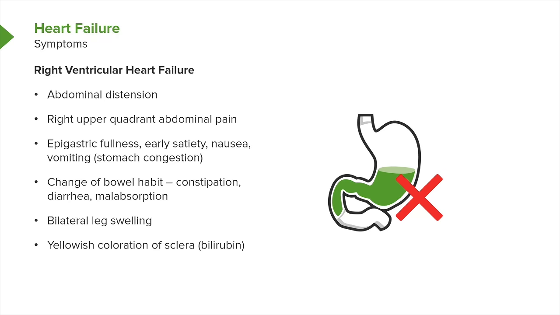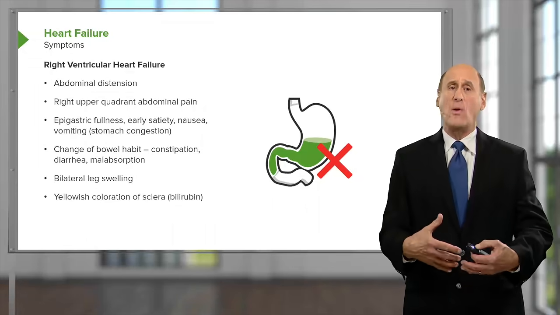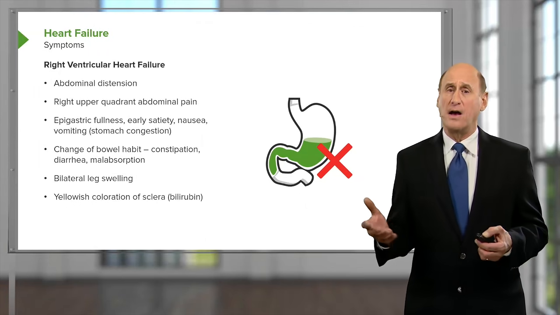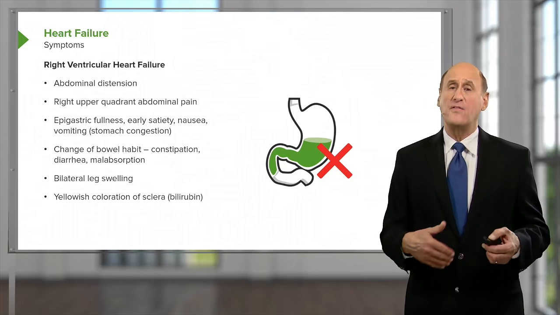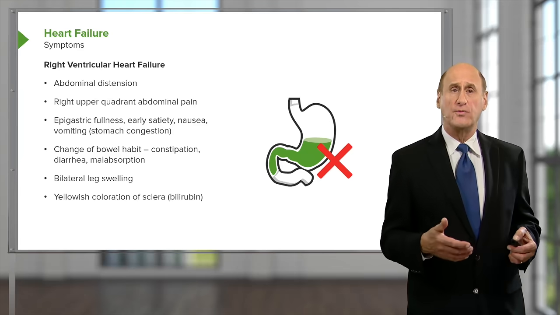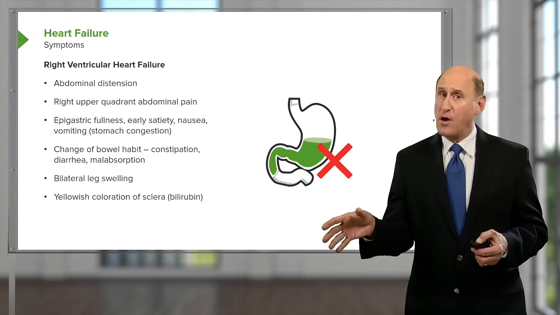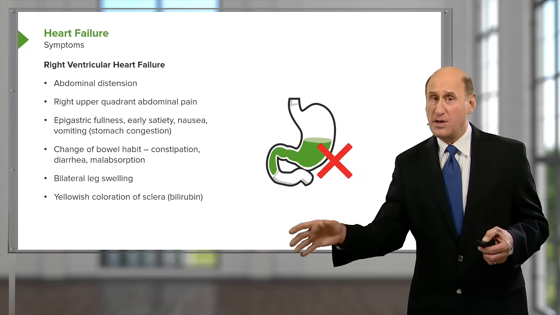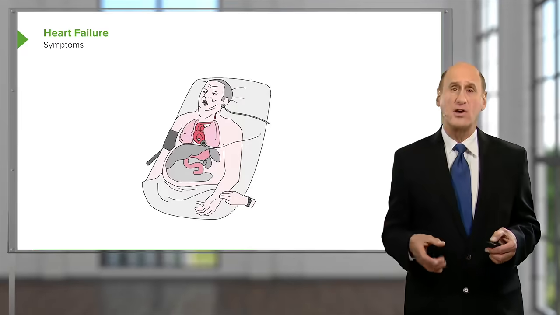So there's also swelling and fluid in the abdomen. Patients may find their waist size gaining. They become very, very tired. And often you can even feel on physical exam this bulging abdomen that's full of fluid. Remember again, right heart failure is much less common than left heart failure. The commonest cause of left heart failure is ischemic heart disease, that is, previous heart attacks.